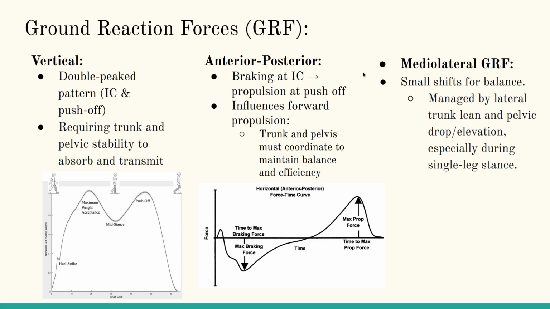Anterior-posterior ground reaction forces involve braking at initial contact and propulsion at push-off. Trunk and pelvis coordination determines how smooth forward progression is. When ground reaction forces aren't controlled, joints take a hit.